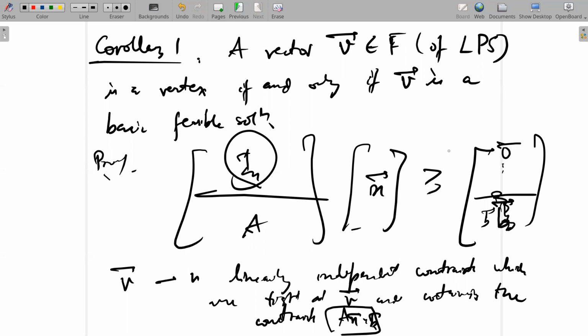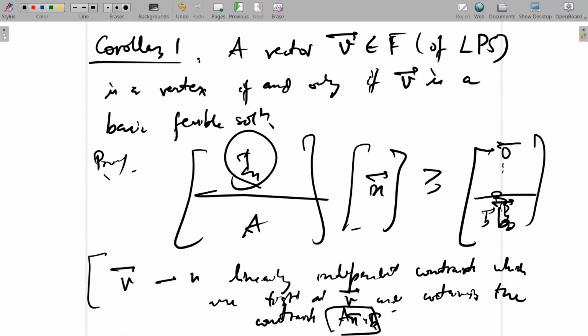So if V is a basic feasible solution, then whatever indices you set to 0, whatever is remaining is your J. Remember, J complement is what we just removed. Whatever is in J is linearly independent in A. If you include something from J complement, then it will be linearly dependent. So that proves this fact.